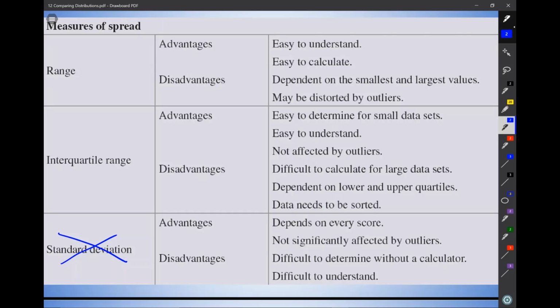But the range and interquartile range have sort of similar benefits and disadvantages, with one key exception: the interquartile range is another one of those that aren't really affected by outliers. But it has a disadvantage in that you need to sort your data in order to find an interquartile range.